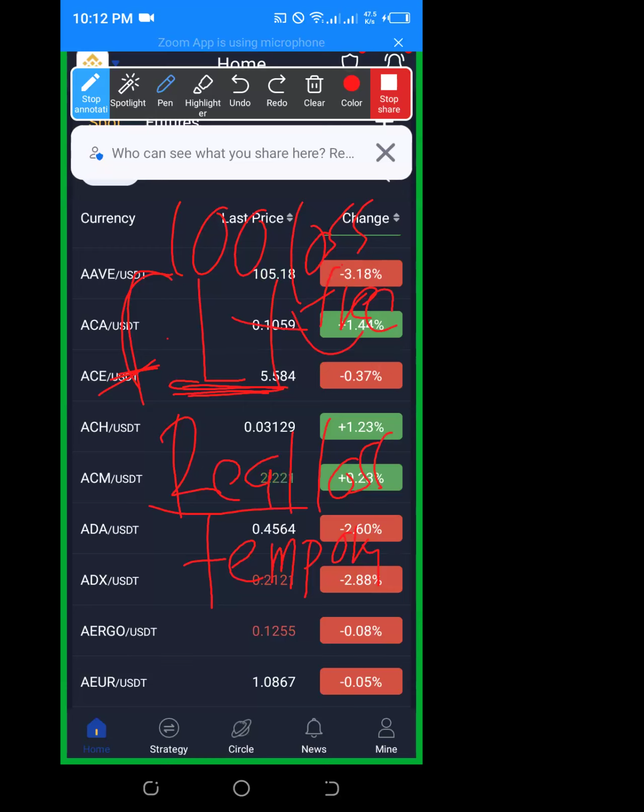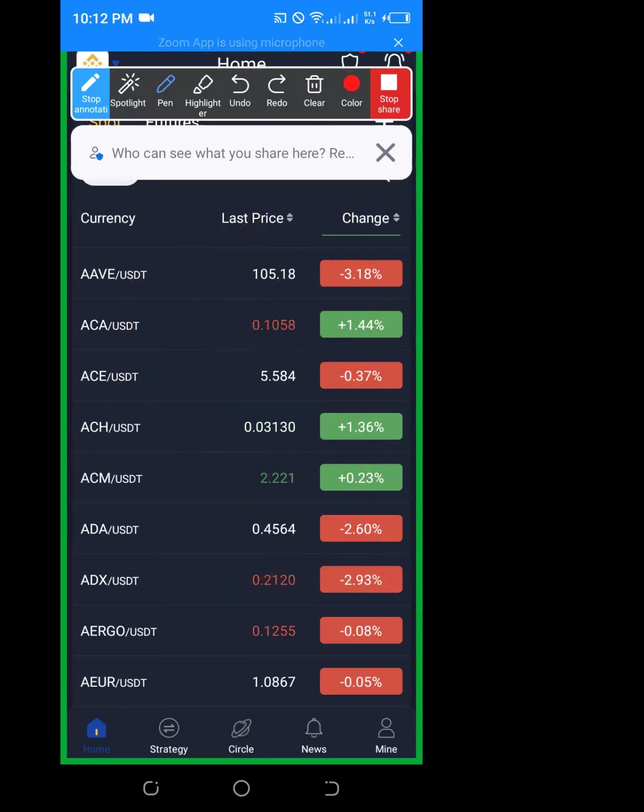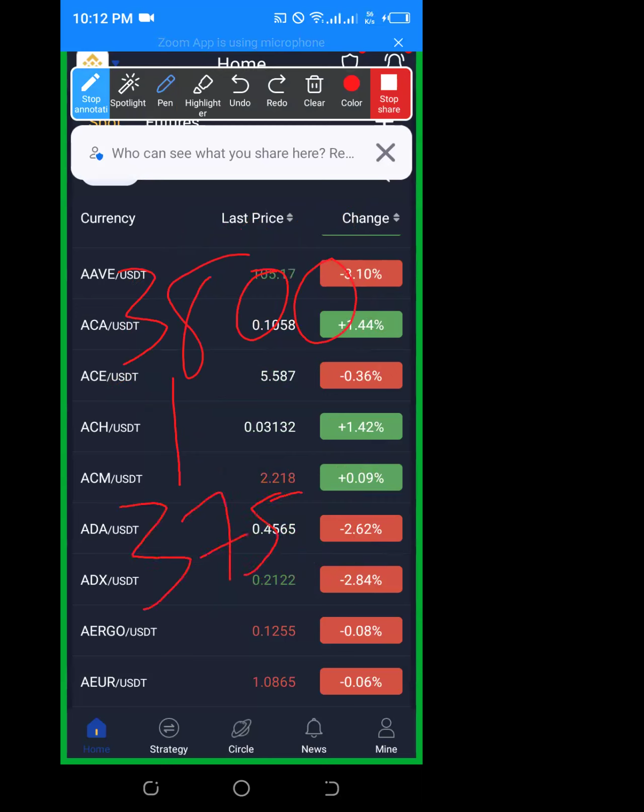For example, you buy a dollar at 3,800. Then the dollar goes down to 3,750. It means this is a loss.